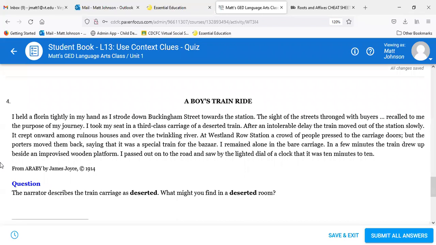What might you find in a deserted room? Mariama, would you like to try that one? Yes.